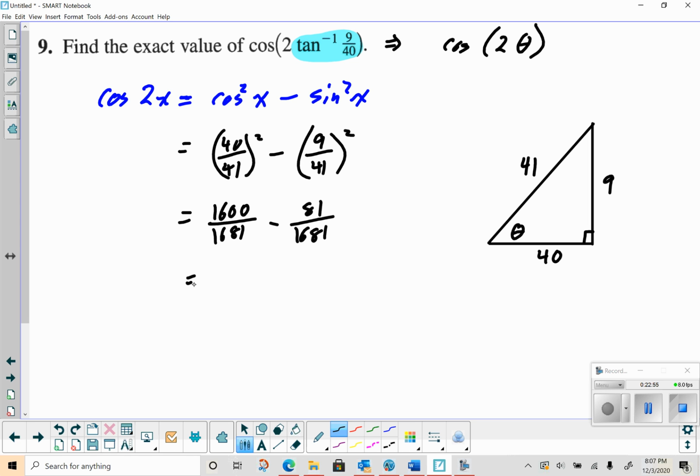Take the difference between those, and that'll give me 1,519 over 1681. Not a value that you run into every day, but in this case, it's the exact answer.